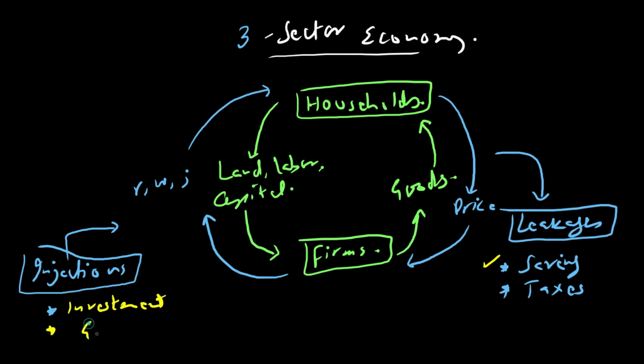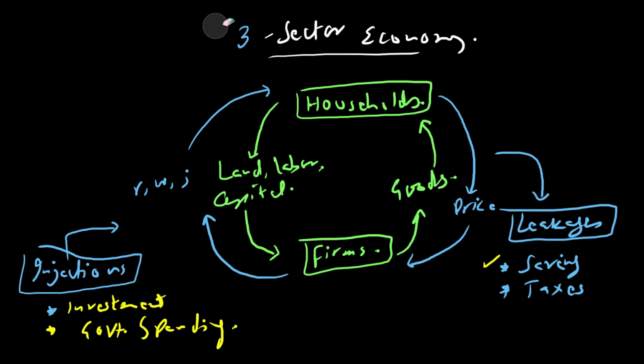In the same way, the money collected in taxes by the government leads to government spending, or government expenditure, and it will be added into the circular flow of income. So this is the three sector economy and the circular flow of income in the three sector economy.